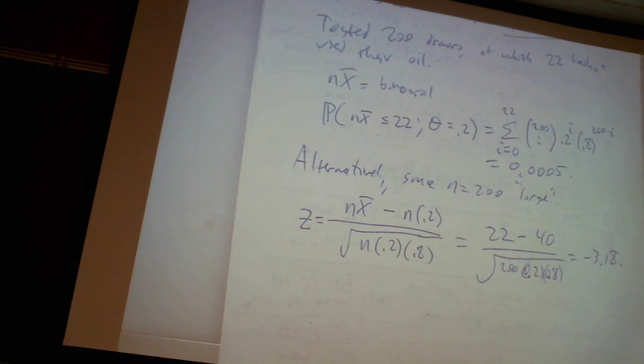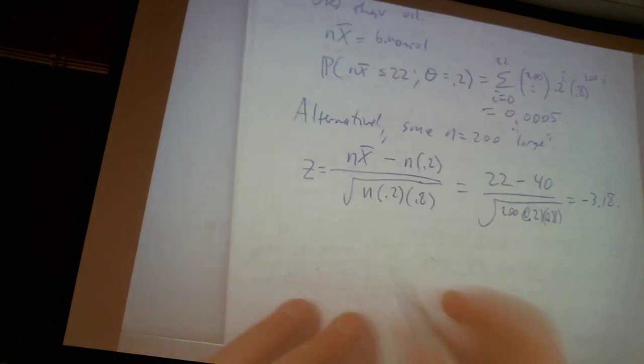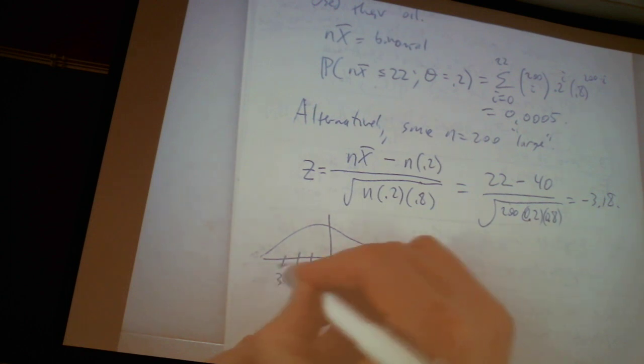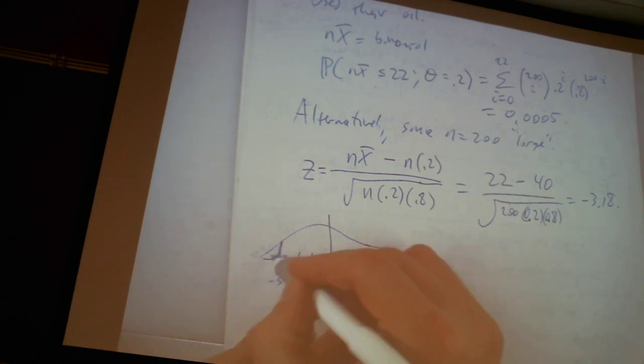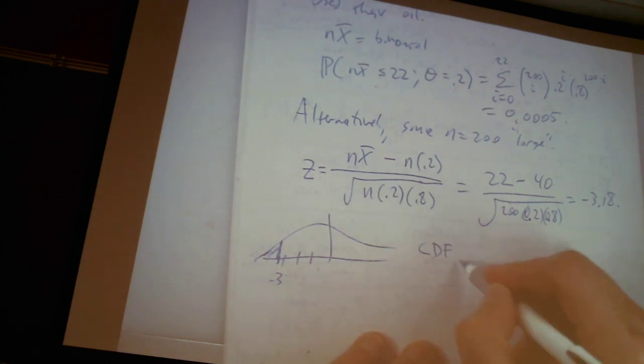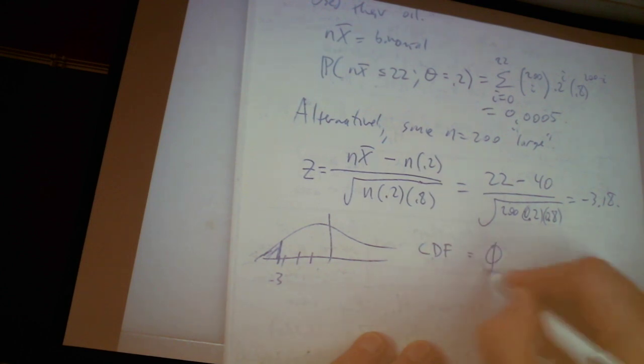And now I'm checking, given that I have more than 3 standard deviations away from the mean on this Gaussian normal, what is the cumulative density function of a standard normal? In other words, what is phi of negative 3.18?